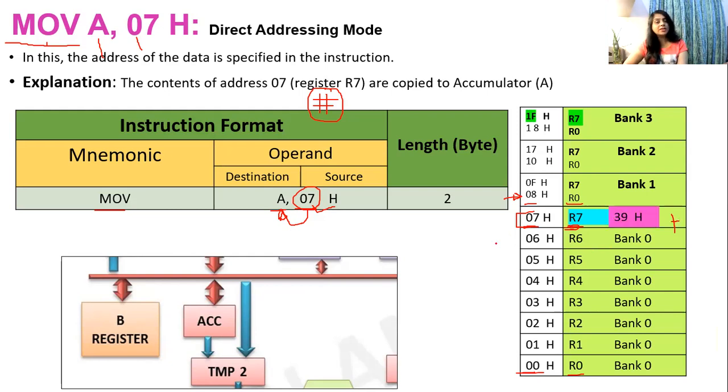So after execution of this instruction, it will transfer the contents of the memory location whose address is 07. So 39 is copied into the accumulator like this. So this instruction falls under the direct addressing mode type of instruction.